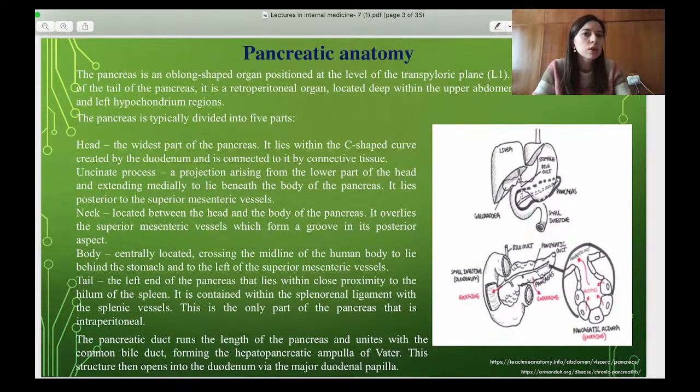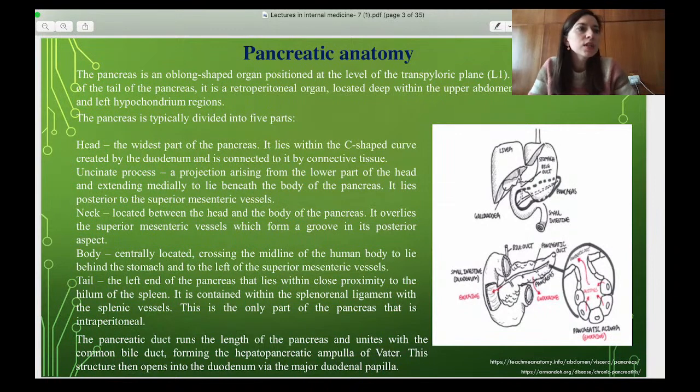What about pancreatic anatomy? The pancreas is an oblong-shaped organ positioned at the level of the transpyloric plane.